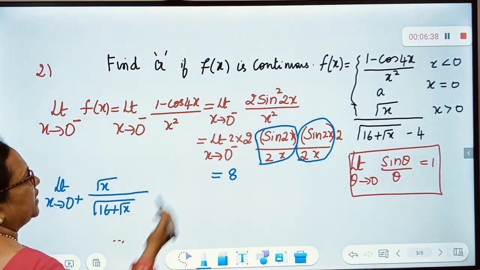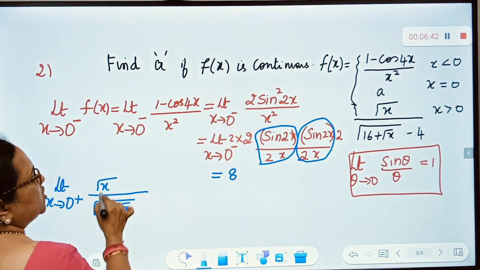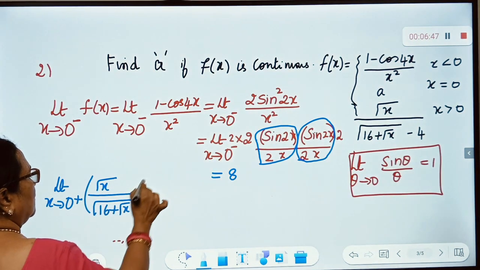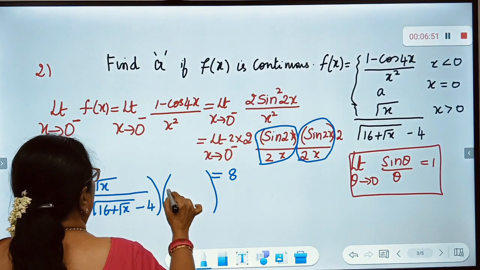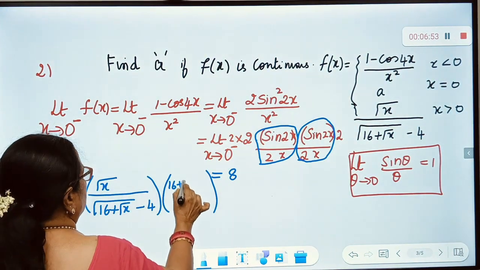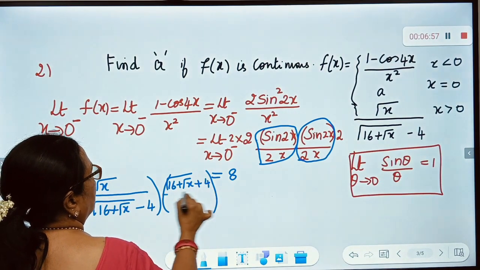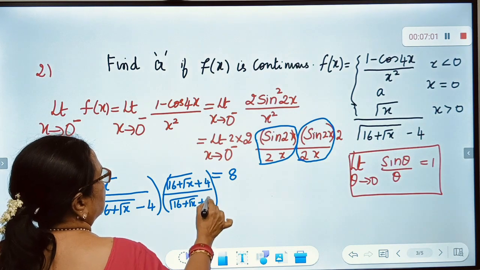Then we can always claim that a is 8. Root x by root of 16 plus root x minus 4 into root of 16 plus root x plus 4 by root of 16 plus root x plus 4.